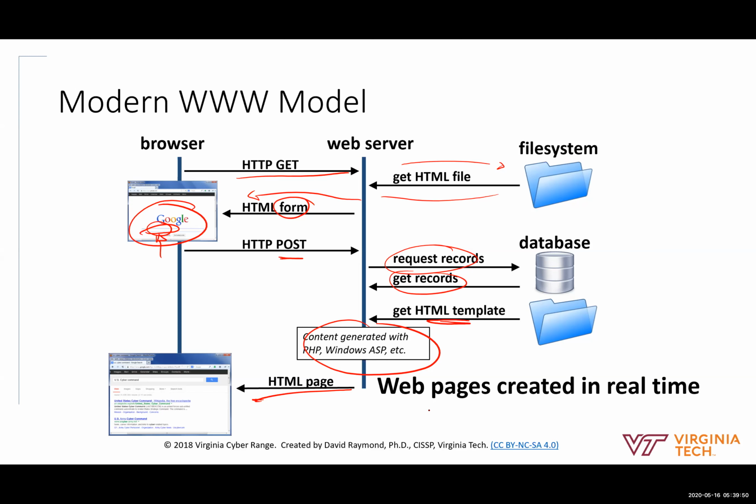And so web pages now are created in real time based on things that we type into forms on web pages. And that is what makes the modern web more vulnerable than the old web, because now it's much more complicated and it's much more difficult to predict what a user might do on the web.